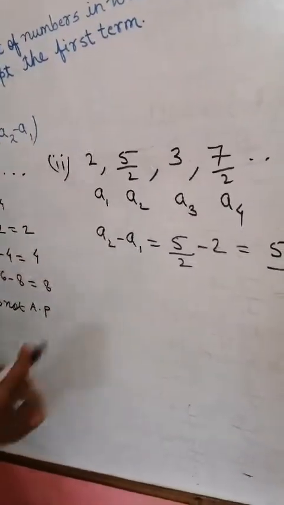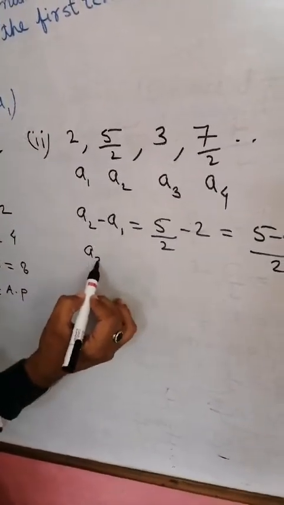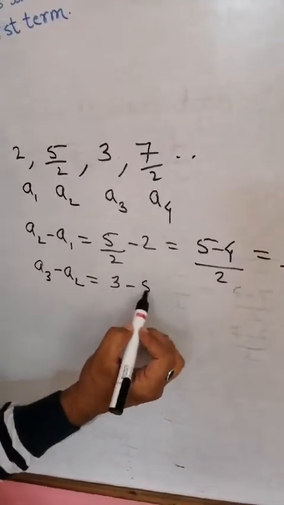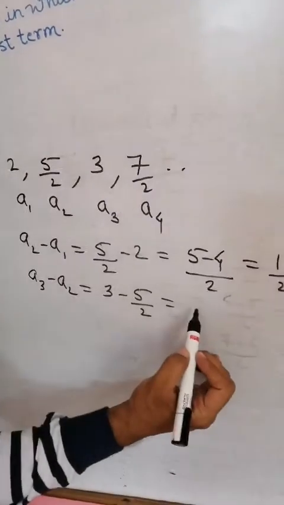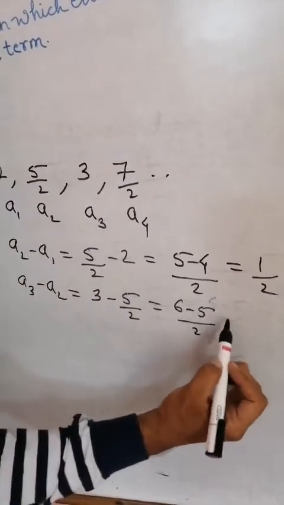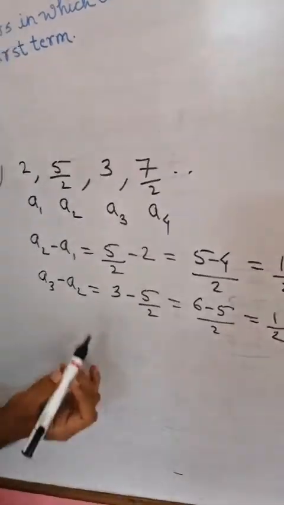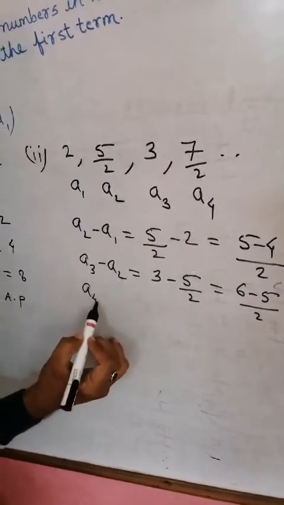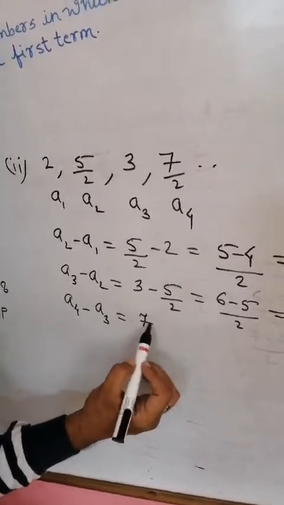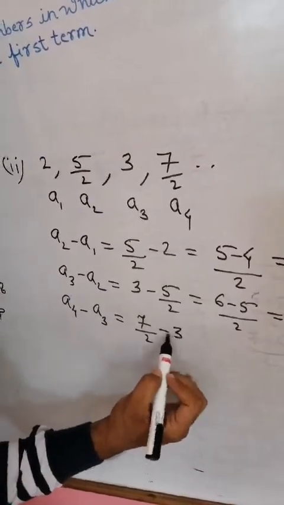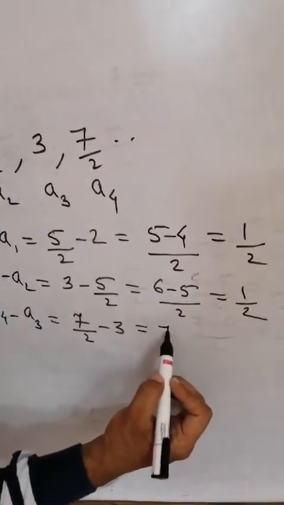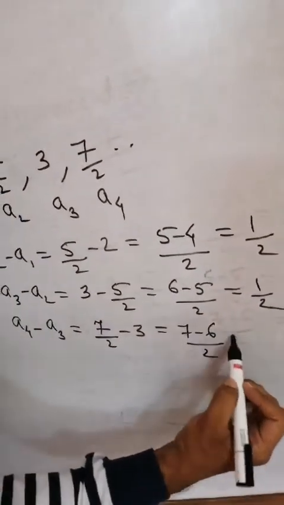Now we will take the next, A3. A3 minus A2 is equal to 3 minus 5 by 2, which is 6 minus 5 upon 2, equal to 1 by 2. Now take A4 minus A3: 7 by 2 minus 3, which is 7 minus 6 upon 2, is 1 by 2.